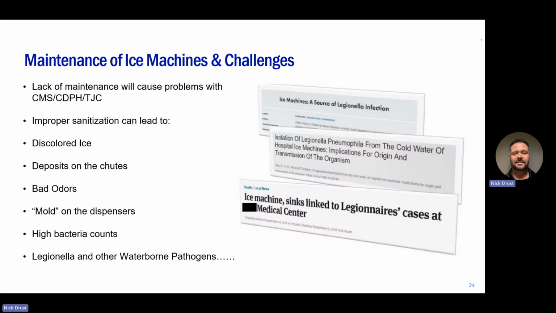This is a really important point. If we're using untreated utility water to rinse or clean equipment after sanitization, there's a possibility you're reintroducing organisms right back into that machine. In other words, you may be cleaning the machine and contaminating it again at the same time.